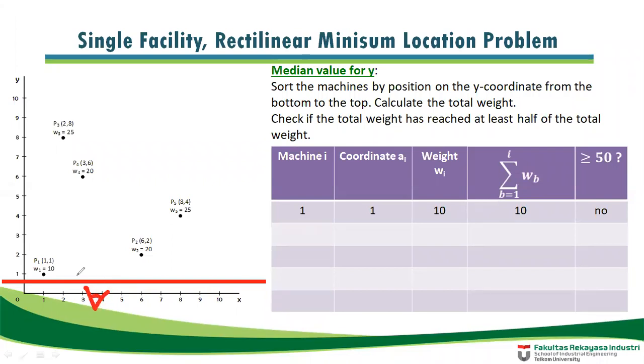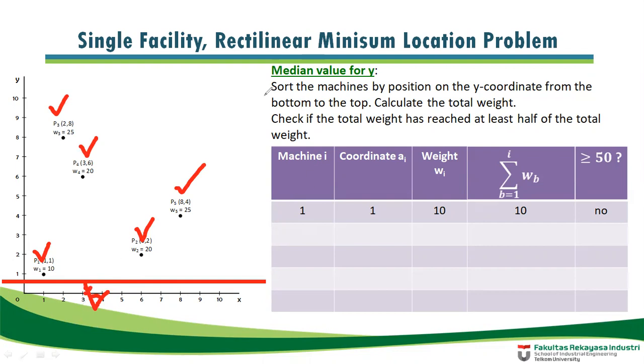If your eyes are located under the line, the first retailer you will meet is P1, followed by P2, P5, P4 and P2. Just do it in order based on the distance, according to your view.